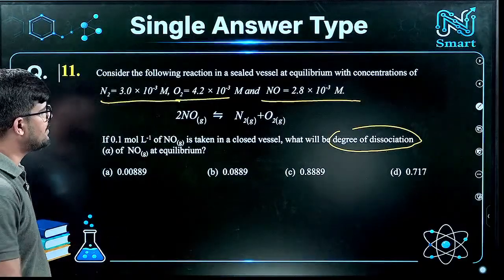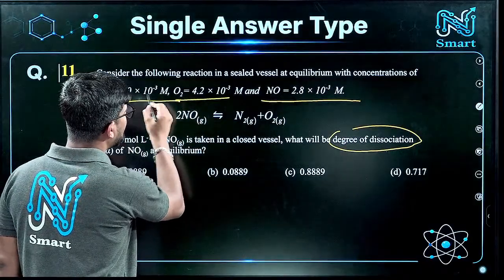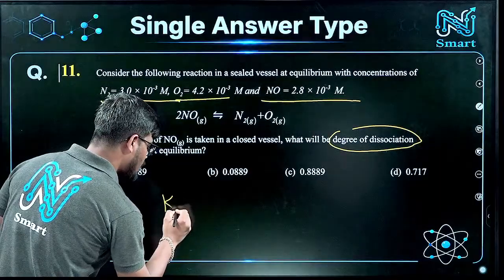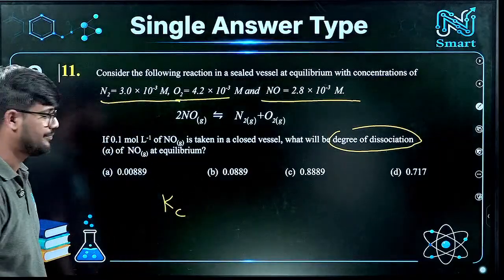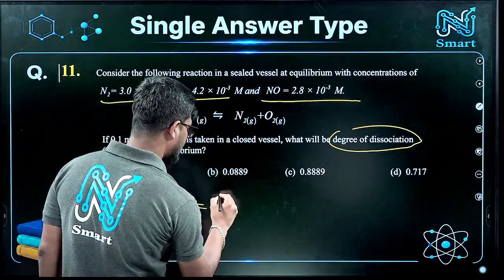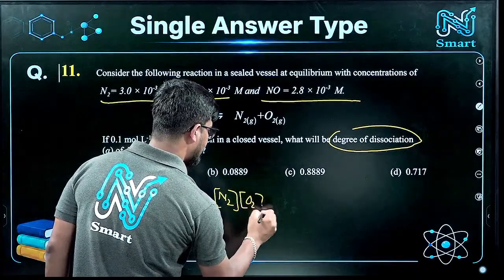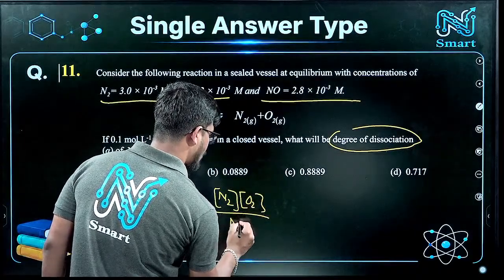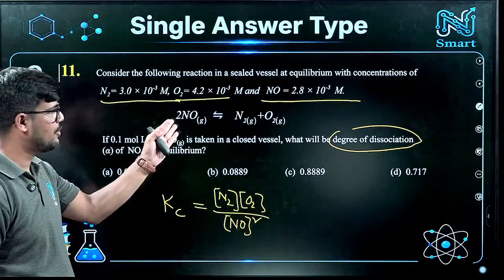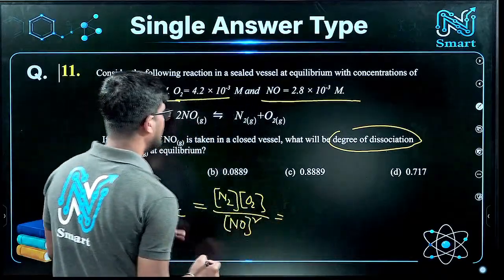Acha, from this equation, can we calculate? See the concentration terms, all are in molarity. Molarity means which equilibrium constant will be there? Kc. So Kc equals, how will we write Kc for this equation? N2 concentration into O2 concentration divided by NO concentration square, right? Because of this 2, we will put square. Then what will be the value?